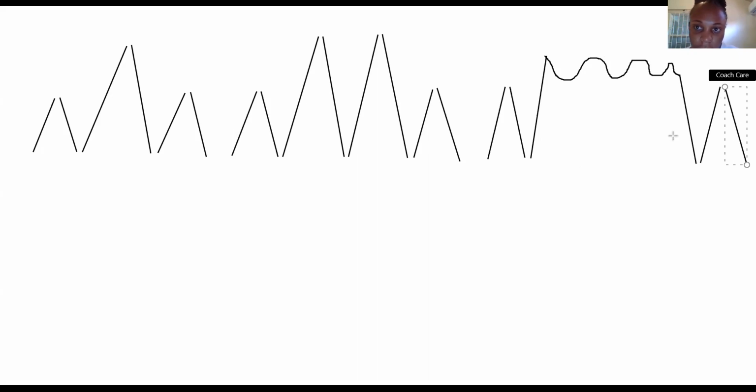You can get a double head. You can get a regular head and shoulder pattern. Sometimes you can get a short pattern as well. So rather than it being so big, it can be very small.